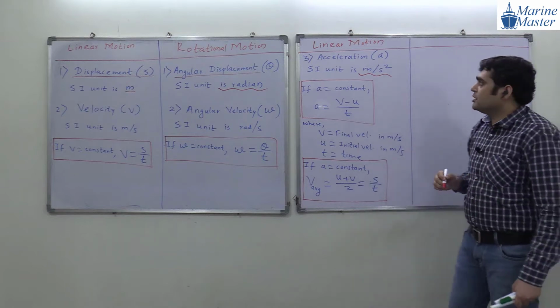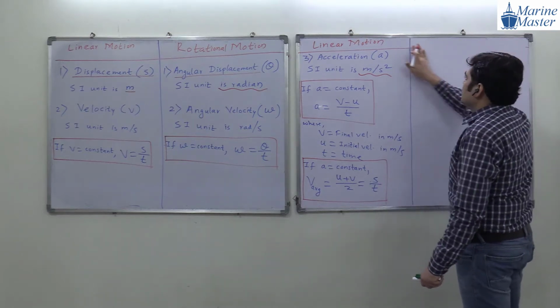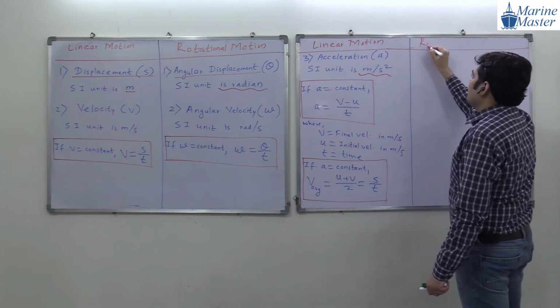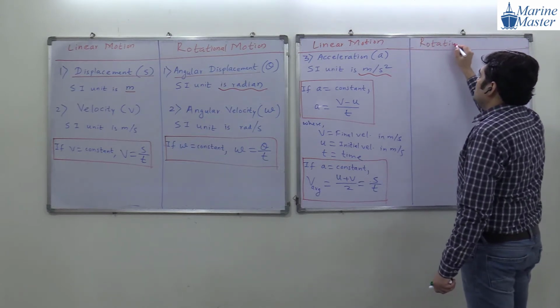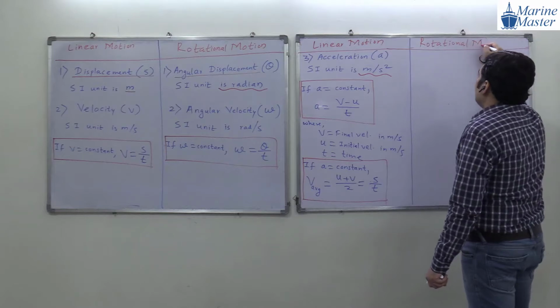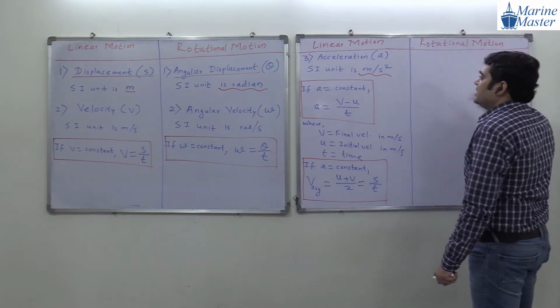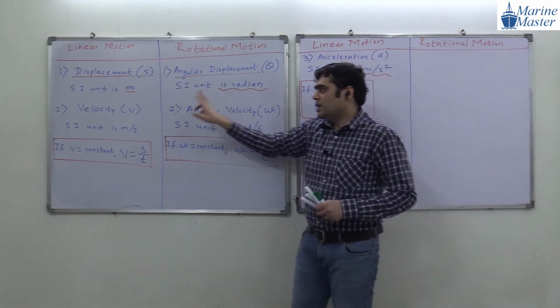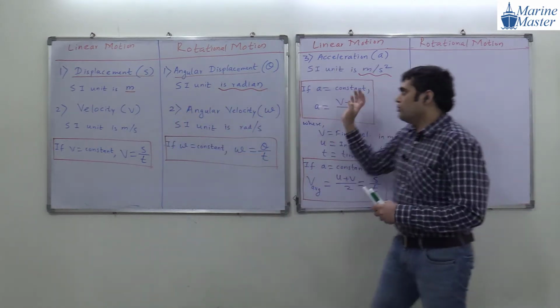So here in rotational motion, on this side we are going to write down the rotational motion. What will be the third point for rotational motion? Can you guess? Here we have displacement, angular displacement; velocity, angular velocity. So what will be the third point?